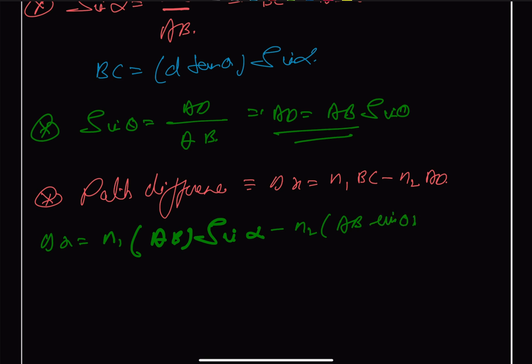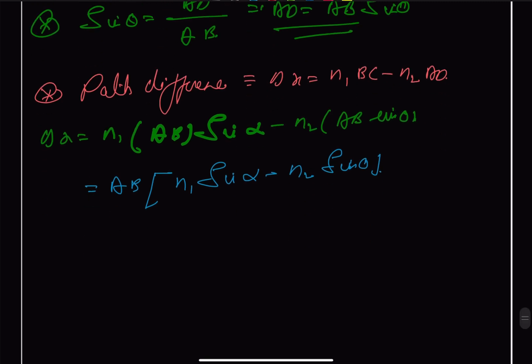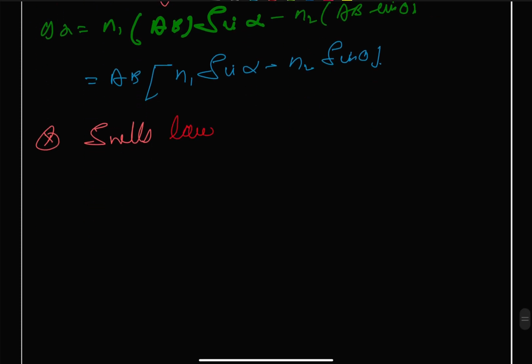AB we can take as common, so this comes as AB times n1 sine of alpha minus n2 sine of theta. And according to Snell's law, it gives us that n1 sine of alpha is equal to n2 sine of theta.